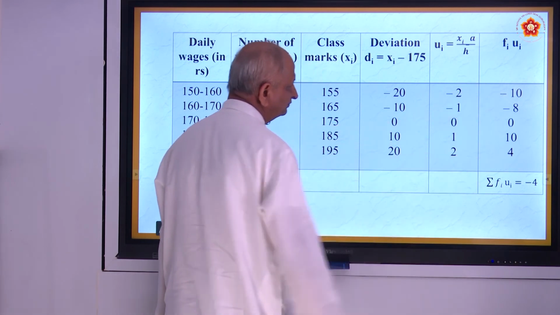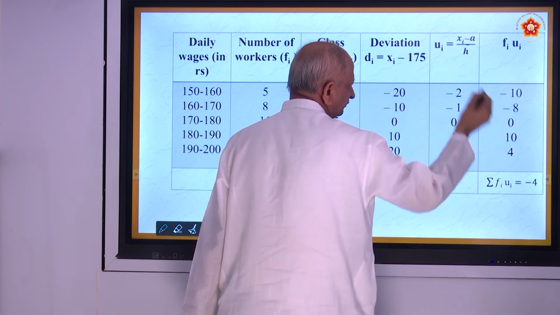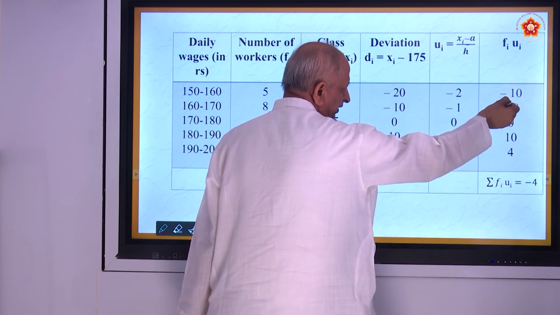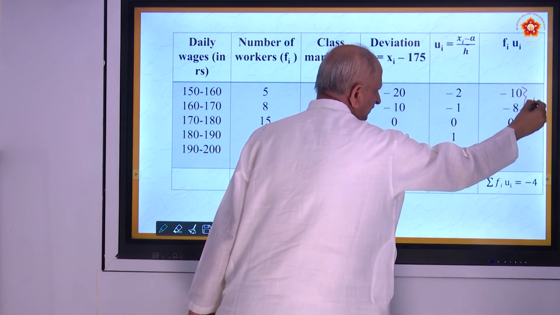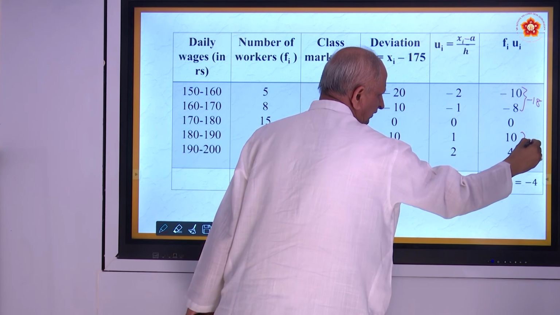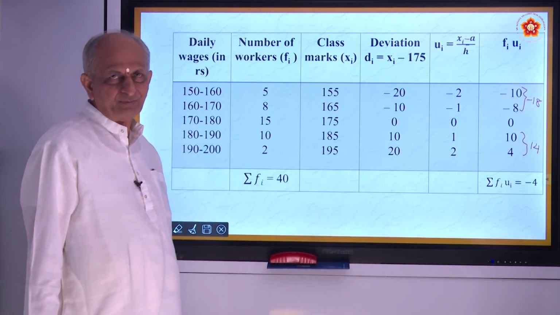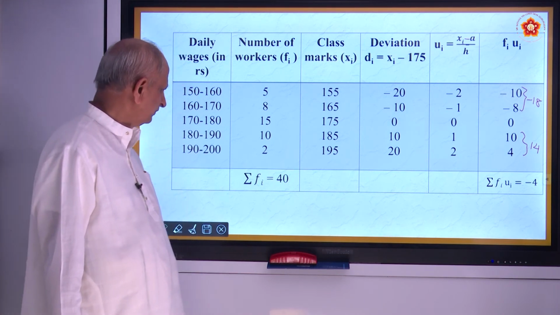Add all that. 10 plus 4 is 14, and this is minus 18. Which is more? Minus is more. So minus 18 plus 14 becomes minus 4.